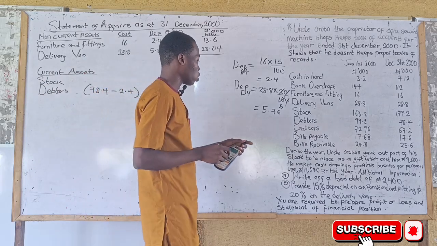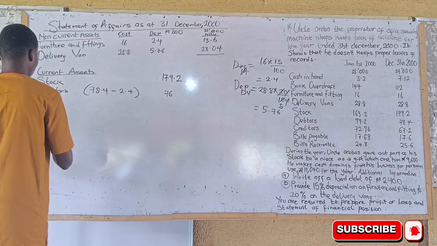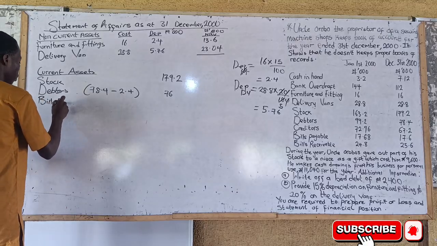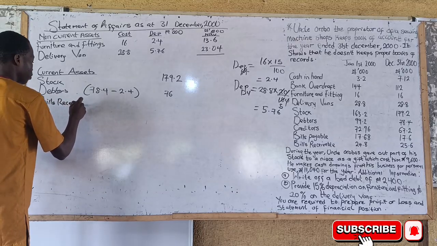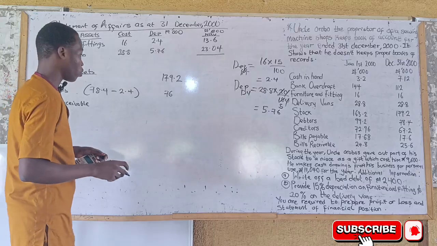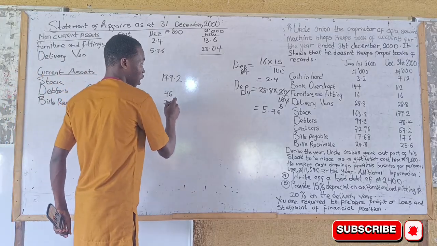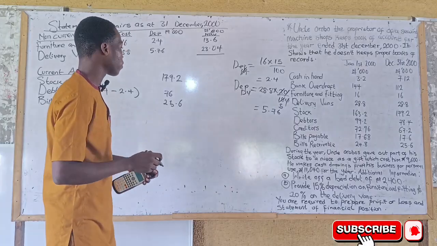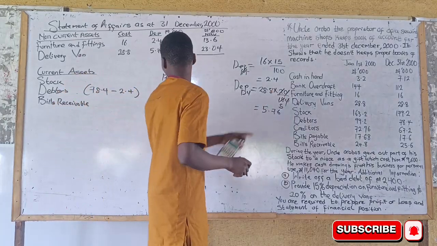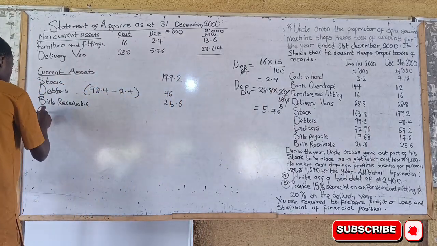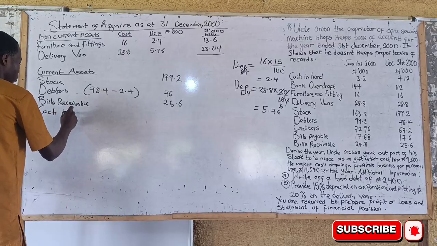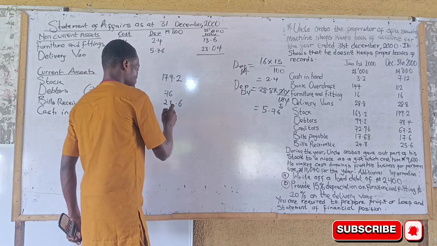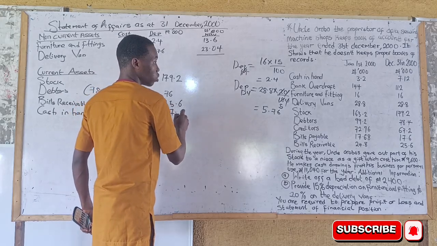Then the next one, we have bills receivable. For bills receivable, that is 25.6. Then what else? We have cash in hand. For cash in hand, that is 7.12.